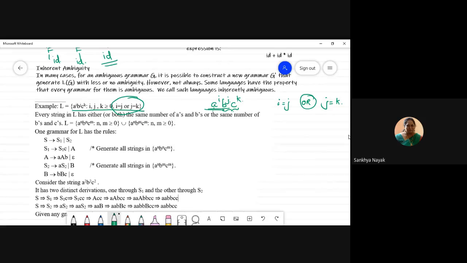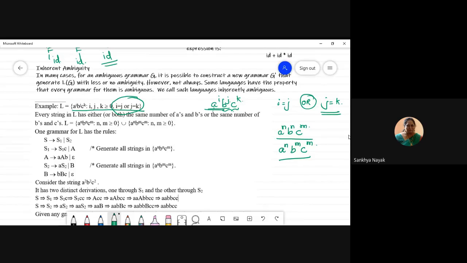Correct? So the first case, equal number of A's and B's, can be written like this: a^n b^n c^m. Similarly, the second part, some number of A's followed by equal number of B's and C's, can also be written like this.